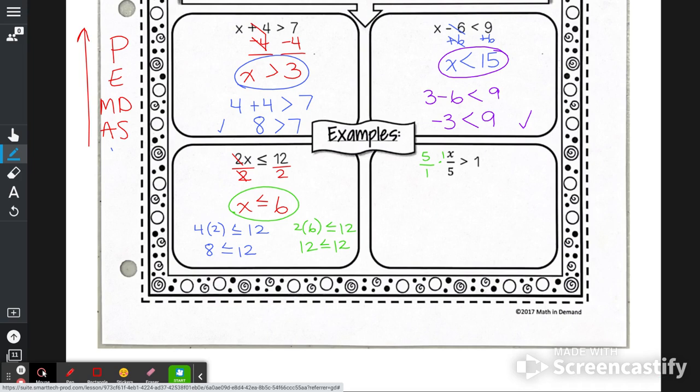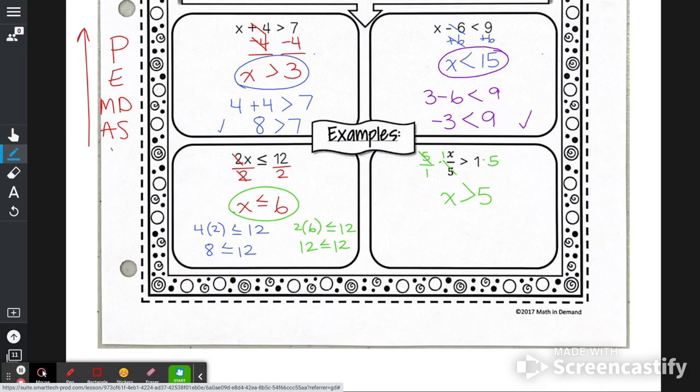Okay, so I'm going to multiply by 5. What I do to one side, good job. My 5's cancel out, and I am left with x. And I'm going to drop my sign right down. And what is 1 times 5? 5. So I can check this by saying x is greater than 5. So what number could I use to check this? 10.